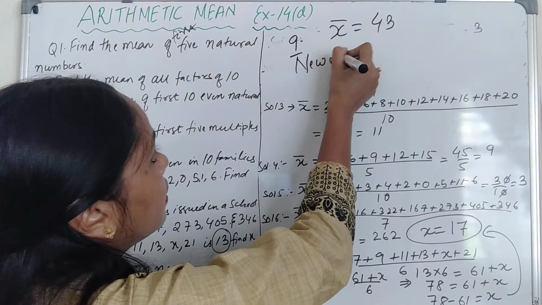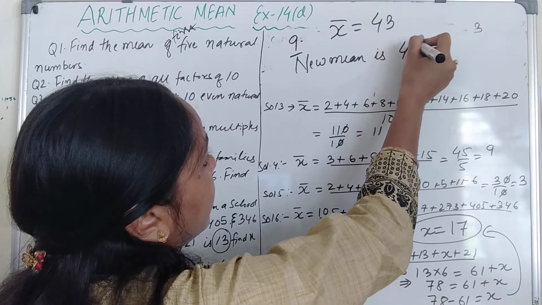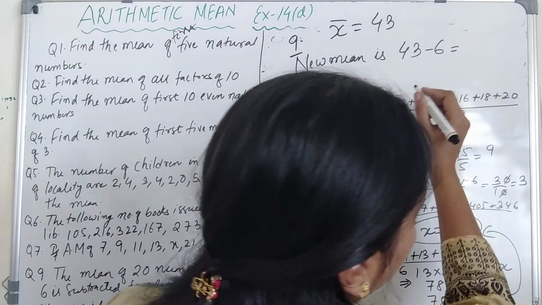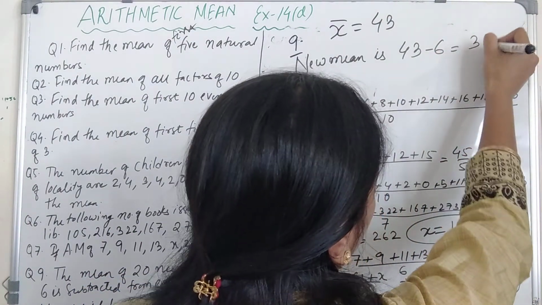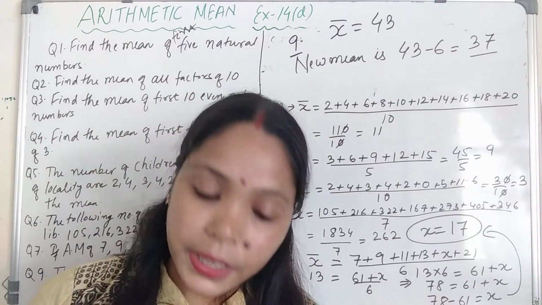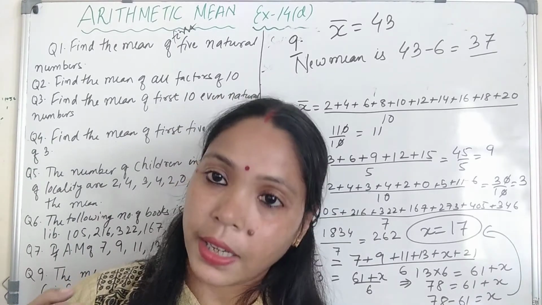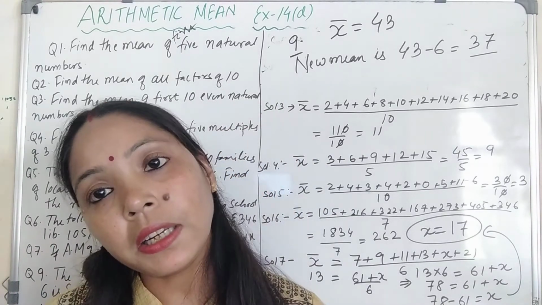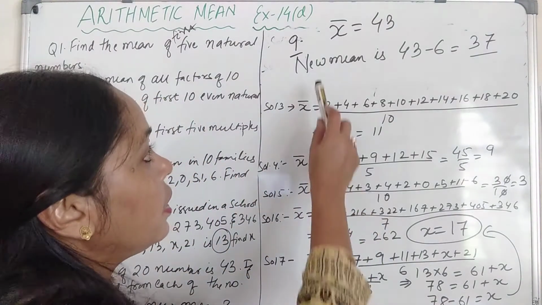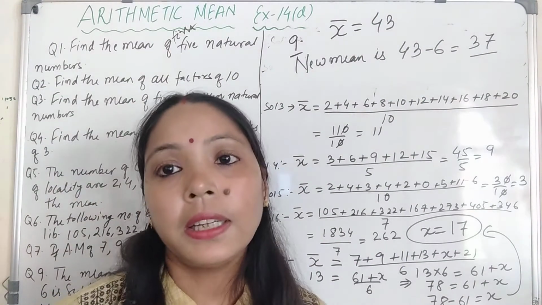The new mean is 43 minus 6, which is equal to 37. If the same number is subtracted from each and every number, then the mean is also subtracted by the same number. That is why the new mean will be 43 minus 6, which is equal to 37.